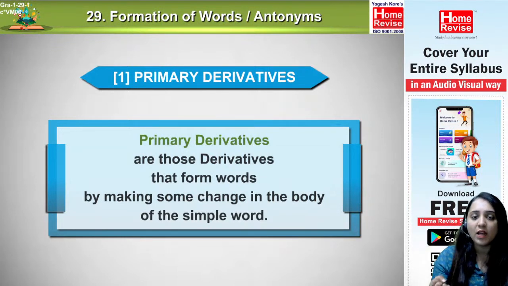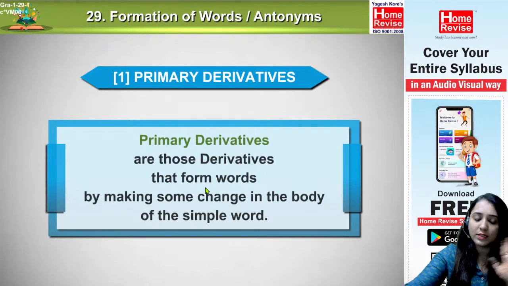Totally, the meaning of that thing completely changes. So primary derivatives form a word by making some change in the body of the simple word, or just by changing a few letters, or by putting a prefix or a suffix to that word, you can get a totally new word.